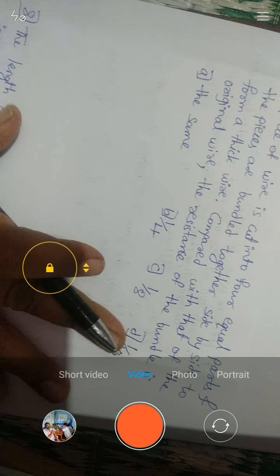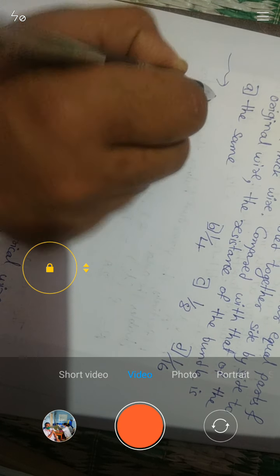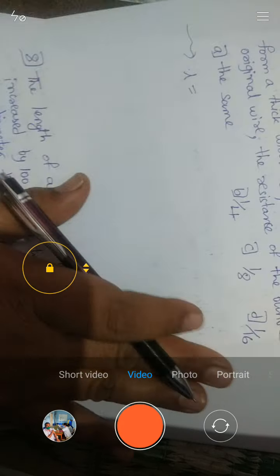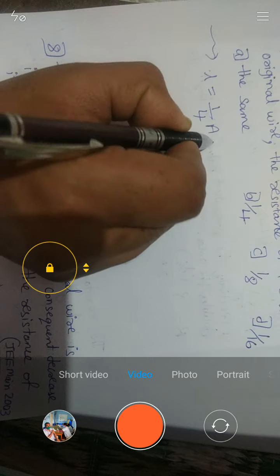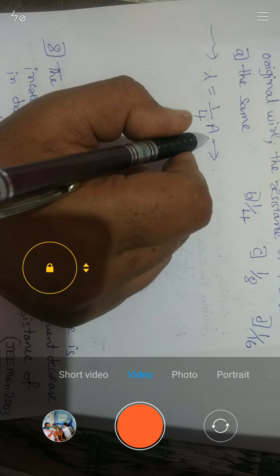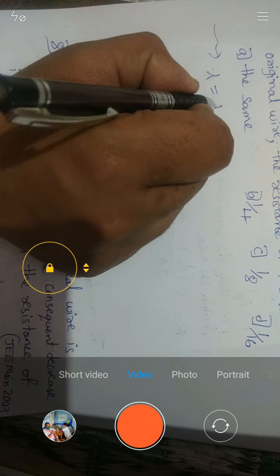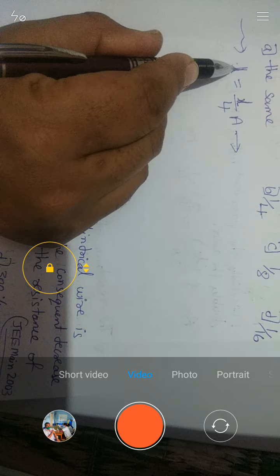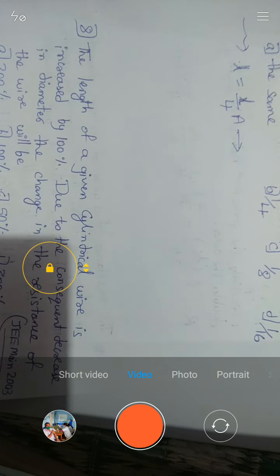Then we'll see how to find it. The original length of the wire is L, we cut it into 4 equal parts, therefore the length will be L by 4, and the area of the bundle will be 4A.